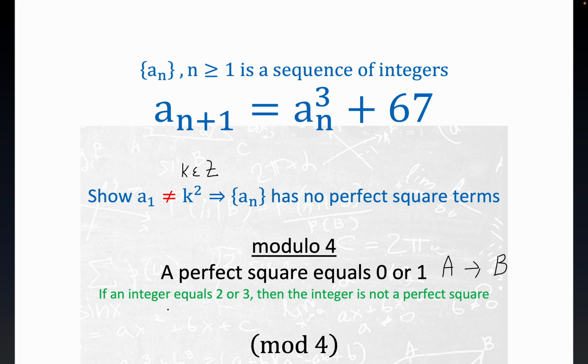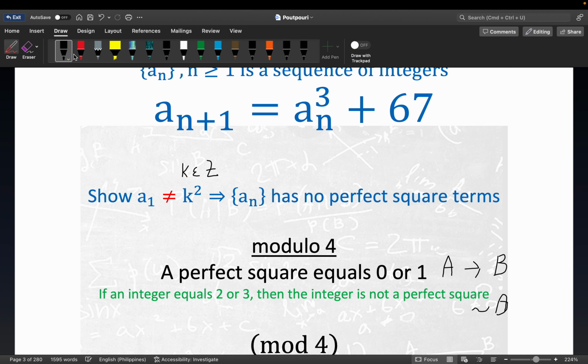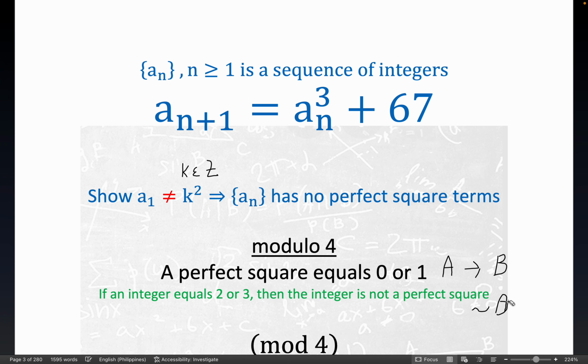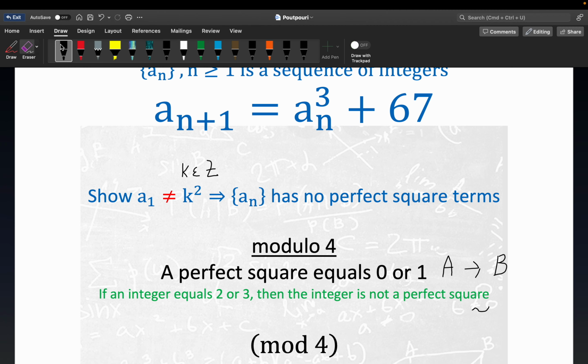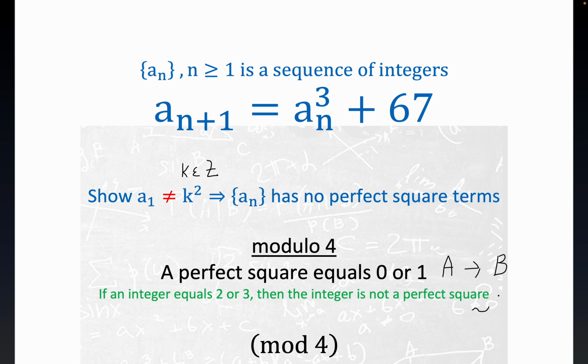You either can be congruent to 0, 1, 2, or 3. So the contrapositive is represented by this green statement here, and it would be in the form not B. Let me make that a B, folks. Not B.